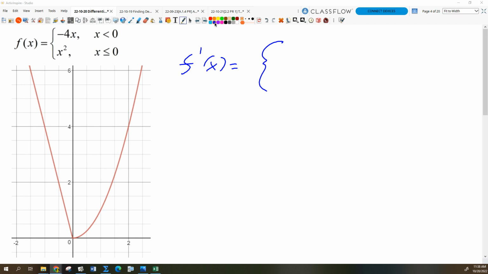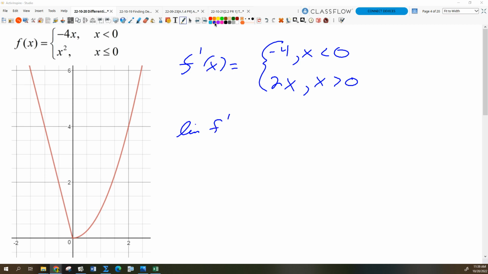here's what I'd get. When x is less than 0, the derivative of -4x, well, that's just got a slope of -4, doesn't it? Right? When x is greater than 0, it turns out that the answer is just going to be 2x. But when we take a limit of the derivative as x approaches 0, look what happens.